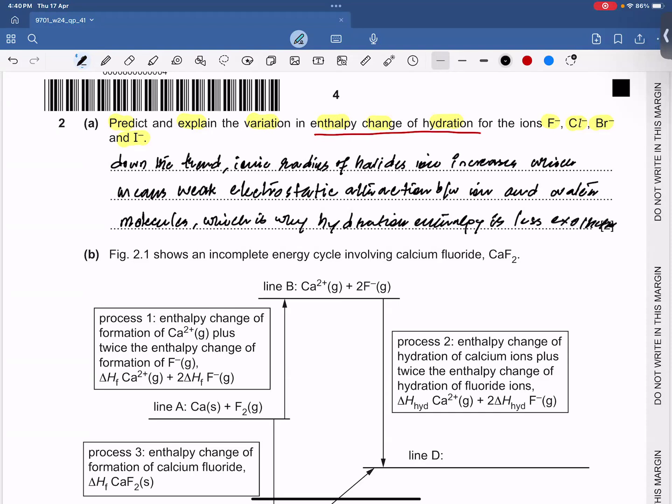One more thing, instead of writing electrostatic attraction, you can write ion dipole attraction also. That term is also acceptable in the paper. Okay.